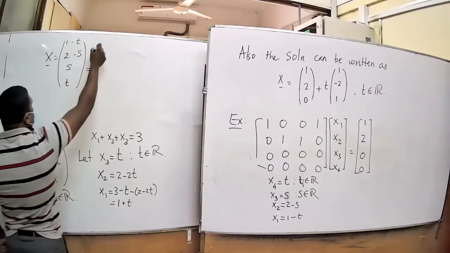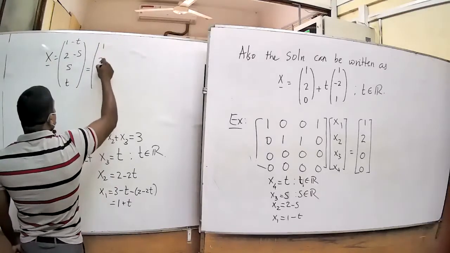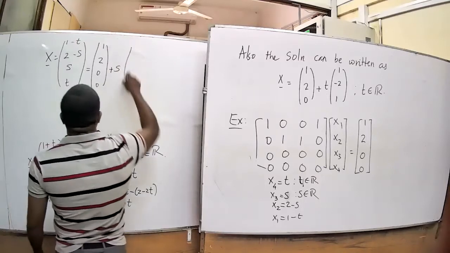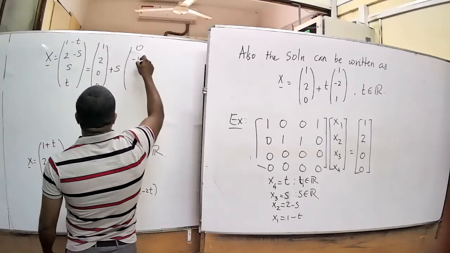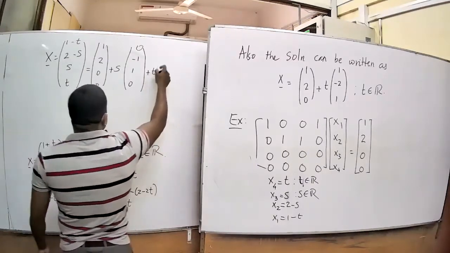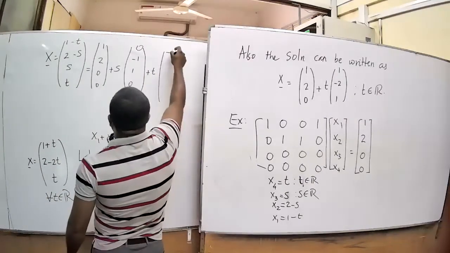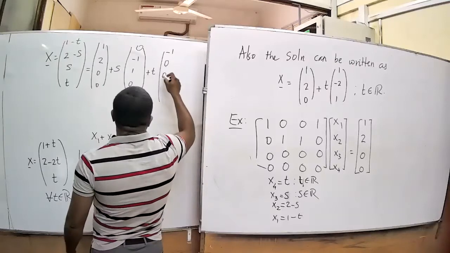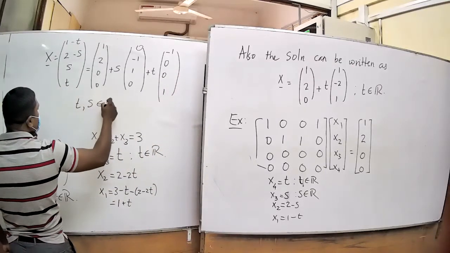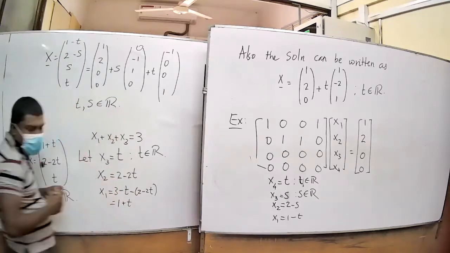So if I want to split it, I have to write 1, 2, 0, 0 plus s times 0, minus 1, 1, 0 plus t times minus 1, 0, 0, 1, where t comma s belongs to real number, right?